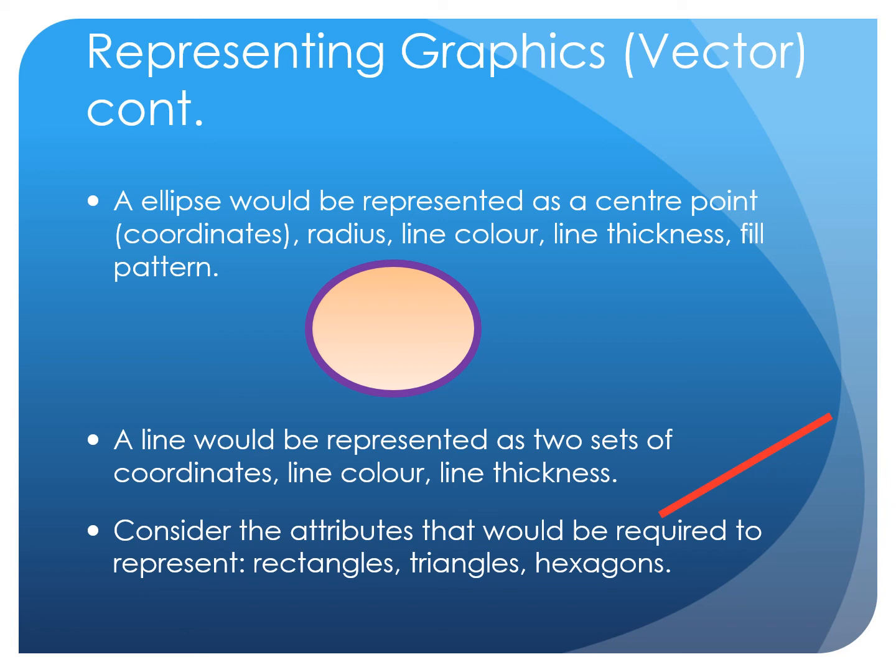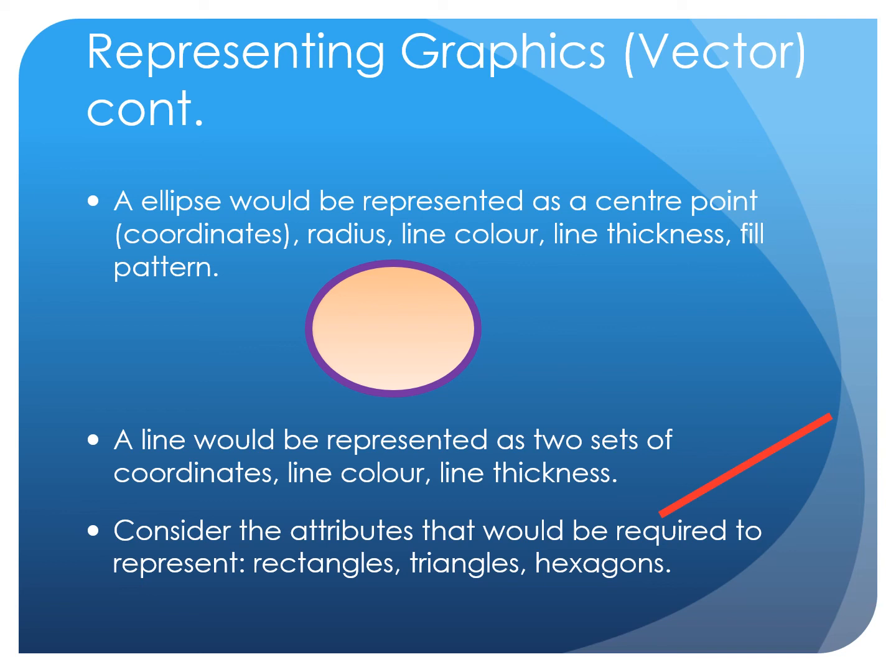This would determine the size of the ellipse. If we change the radius, we would change the size of the ellipse. The ellipse also has a line colour, a line thickness, a fill pattern and a fill colour. These are all attributes associated with this object.